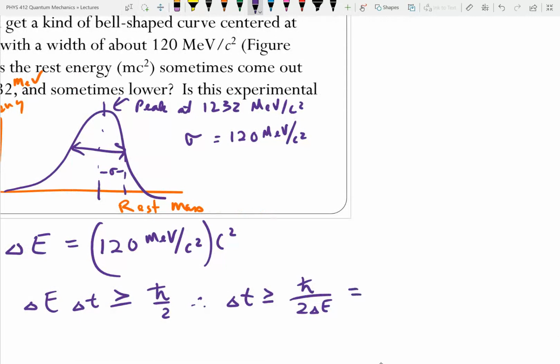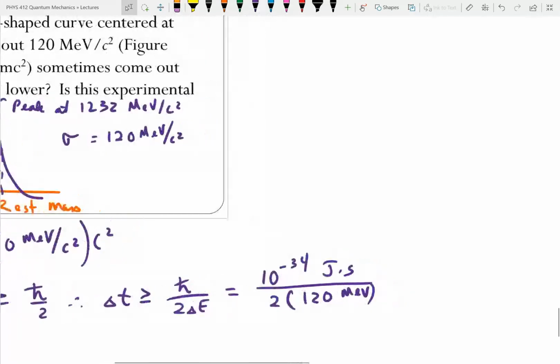So let's just check this. H bar over 2 is, well, H bar is about 10 to the minus 34. Right, between friends, I can round it off. So I got that. Then I need to do a conversion between joules and MeVs. My brain is shot. It's 1.602, right?